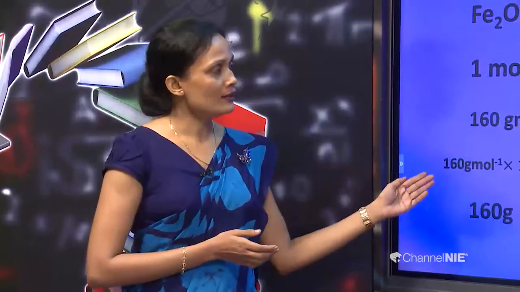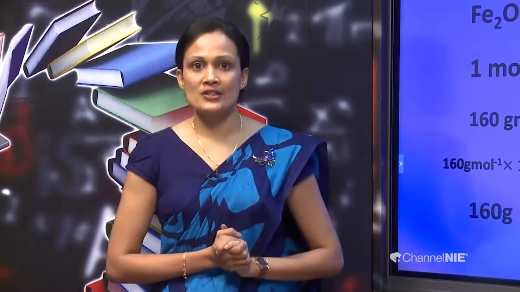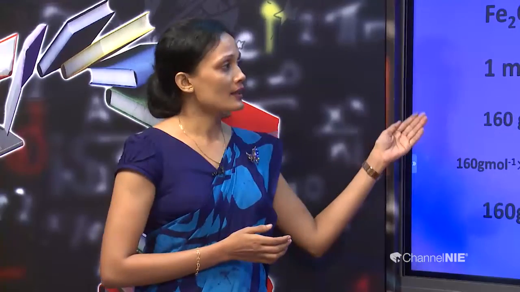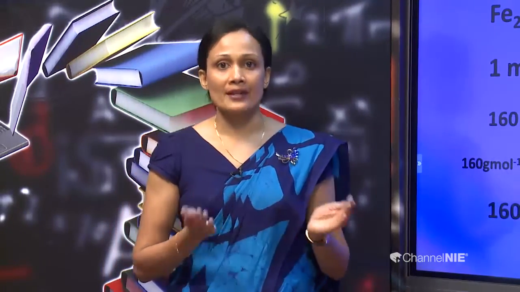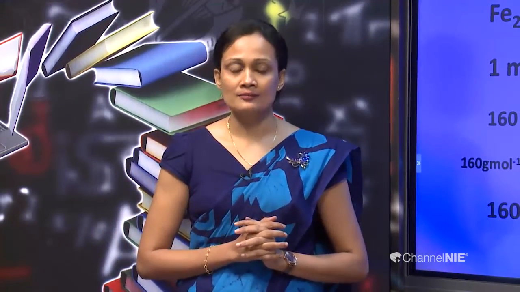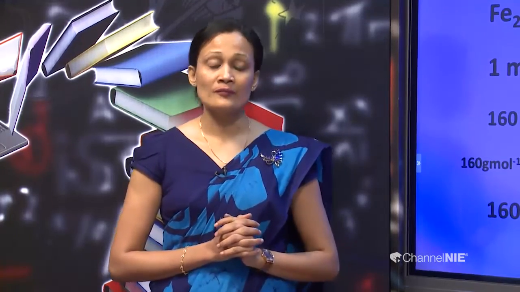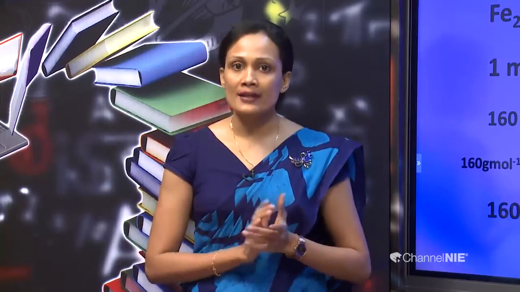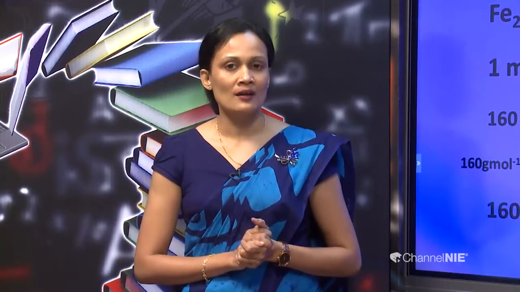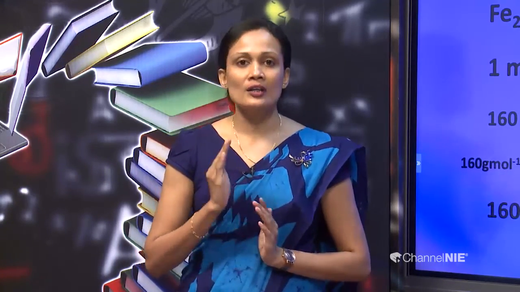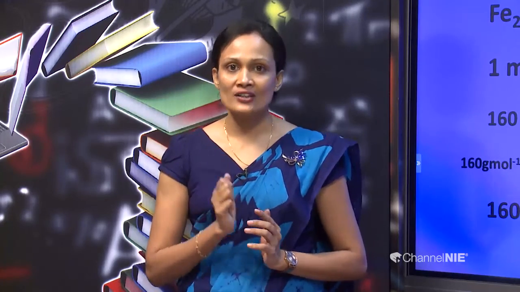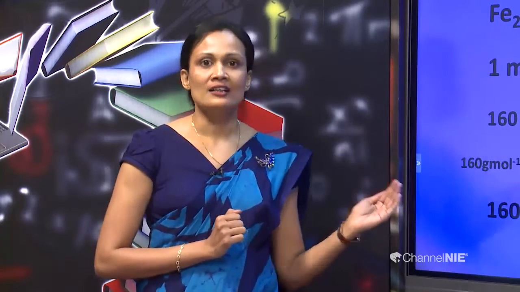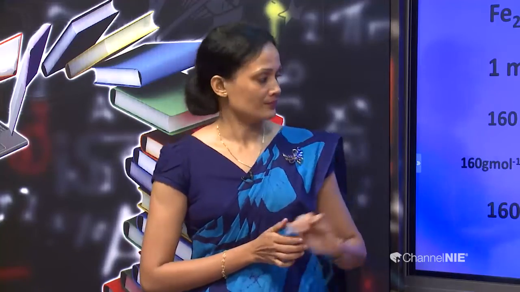If you write a balanced chemical equation, we can find the amount of moles of reactants and products of the chemical reaction, and also we can find the masses of reactants and products. Now I am going to give you a simple question by using what you learned.